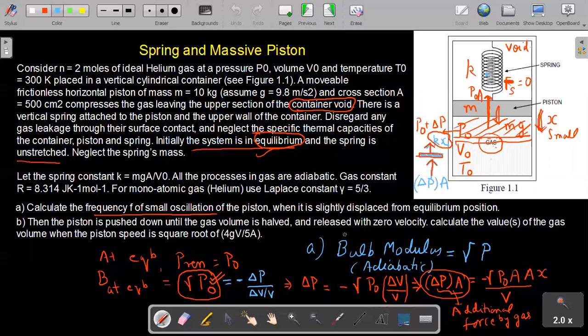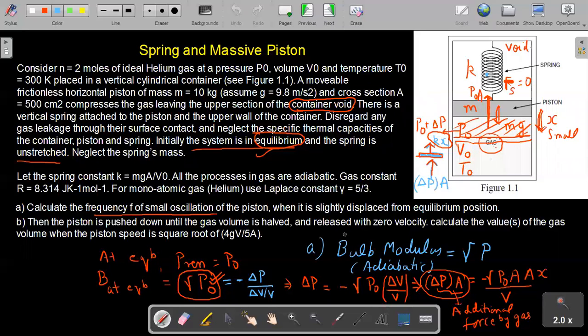So this question was from oscillatory motion of mass under a spring, and the concept behind this question is that when a gas is compressed by a small amount in an adiabatic process or in an isothermal process, the gas behaves like a spring.